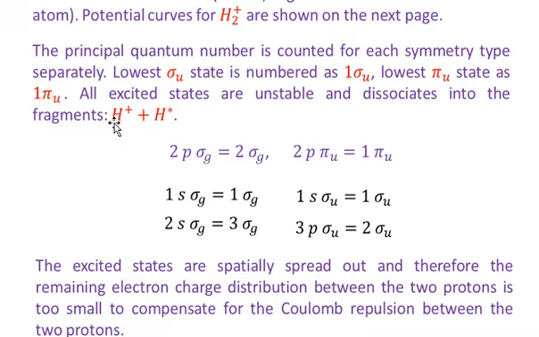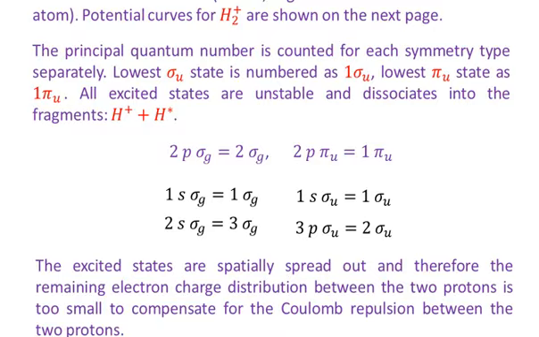That is, the hydrogen singly ionized ion plus hydrogen in the excited state. Star indicates that the hydrogen atom is in the excited state. So all the excited states are unstable and dissociate into the fragments H plus and H star.